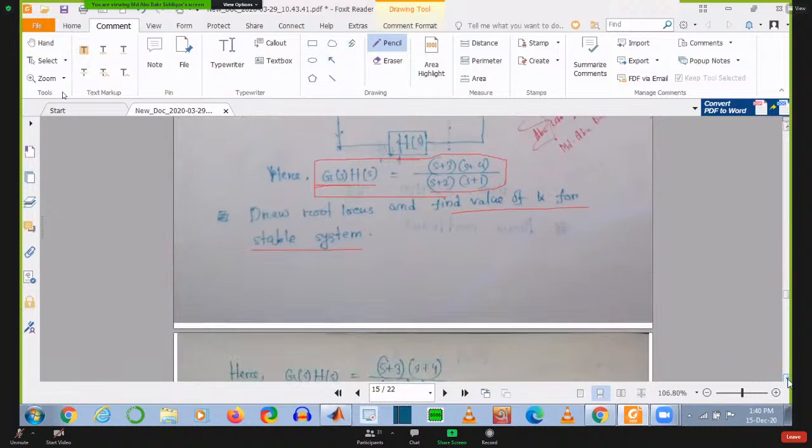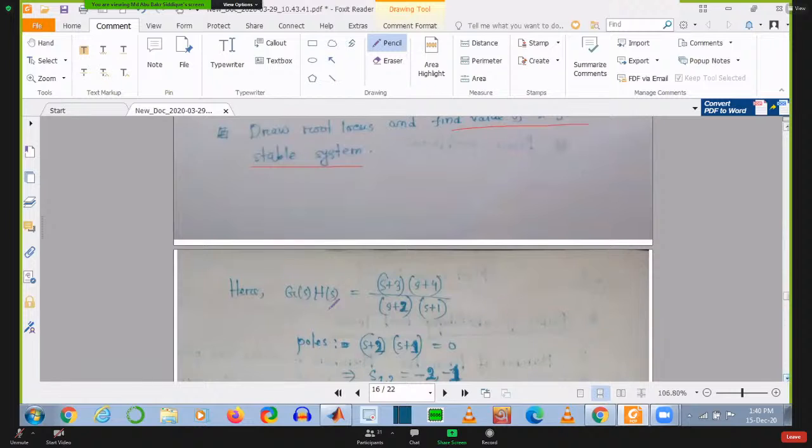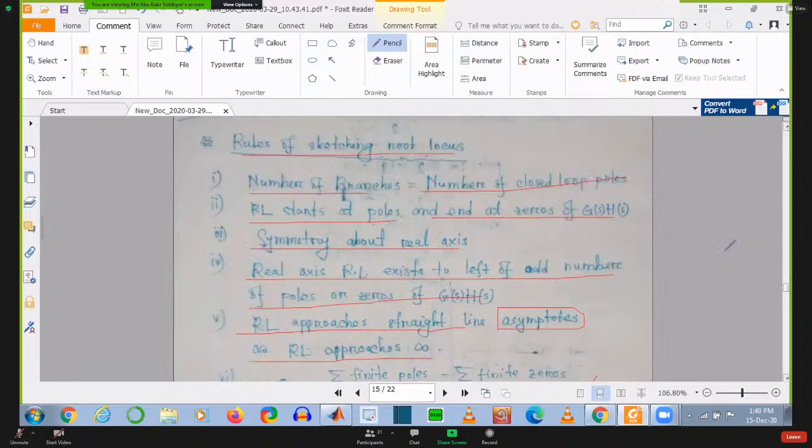Let's check it. We have G(s)H(s) equals (s+3)(s+4) by (s+2)(s+1). In our rules, we know that root locus starts at poles and ends at zeros of G(s)H(s). So you have to find out how many poles and how many zeros we have here.